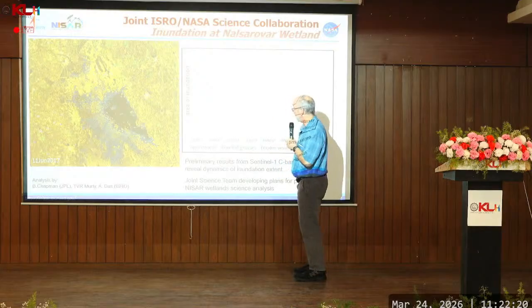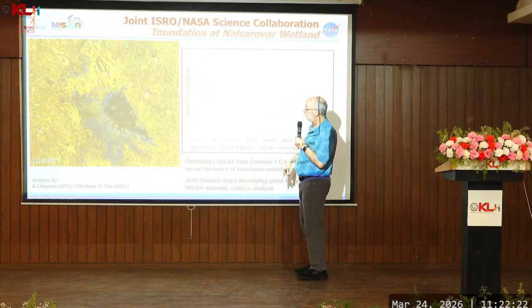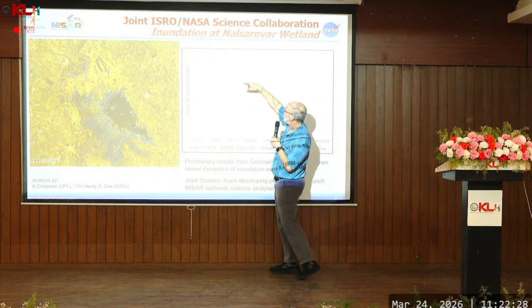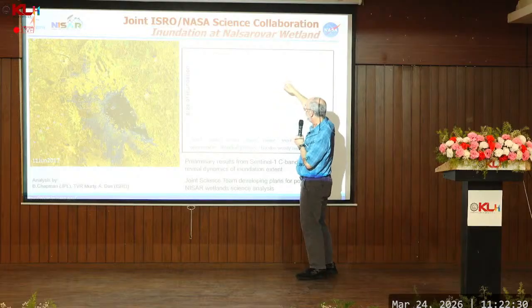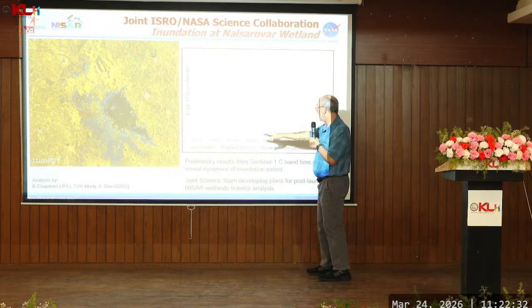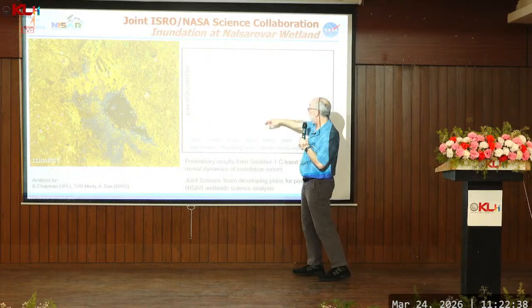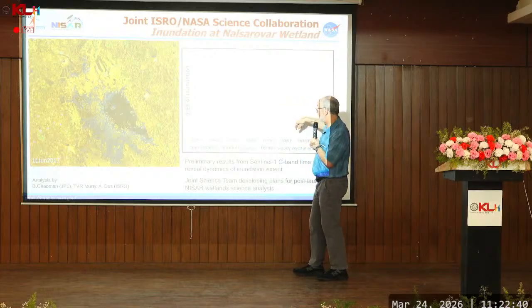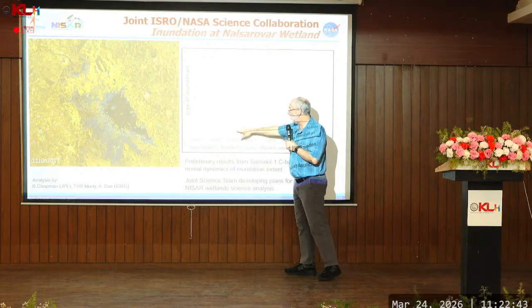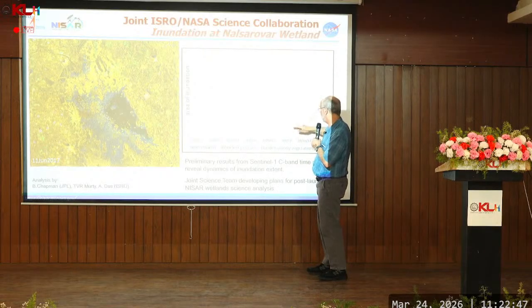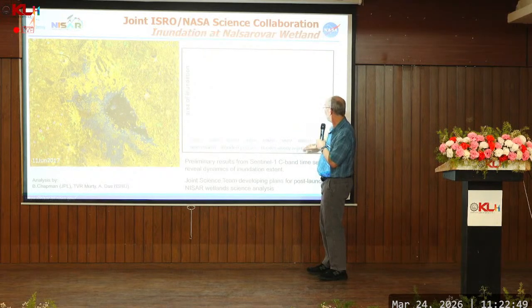So by looking at the variability in backscatter level, and then calculating the area as a function of time, you can come up with an area inundation curve over a period of a year or less. And you can see the areas of open water, their variability, places that are inundated, and places that are flooded woody vegetation.